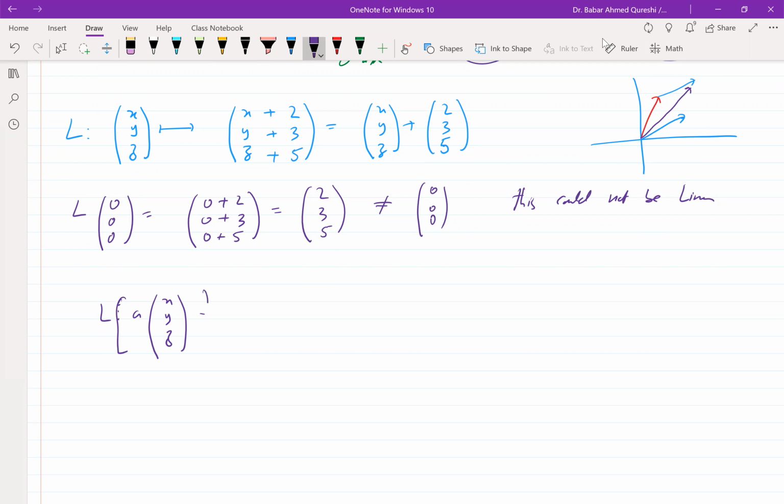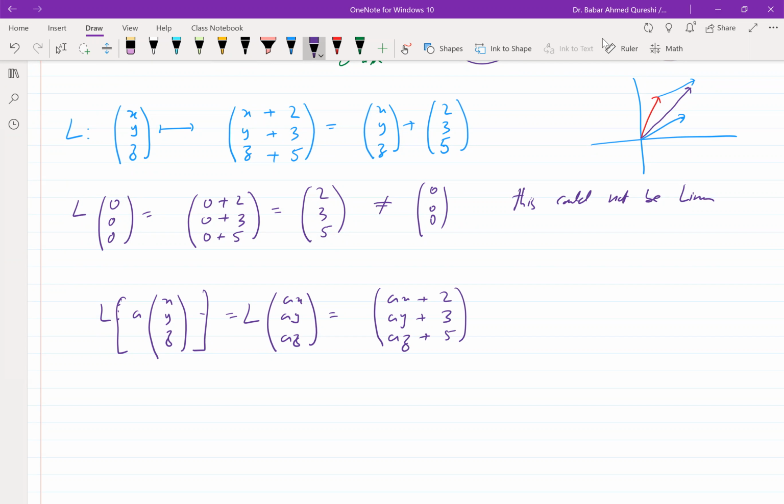I'm applying this to the vector a(x, y, z). According to the rule, this is ax plus 2, ay plus 3, az plus 5.